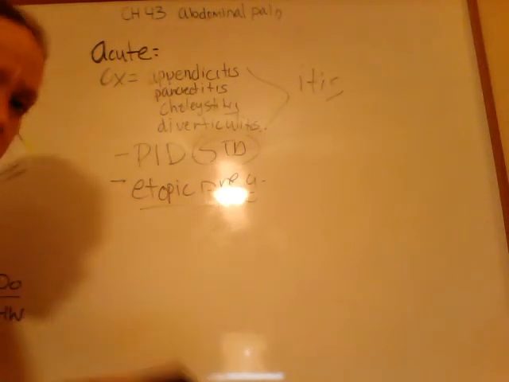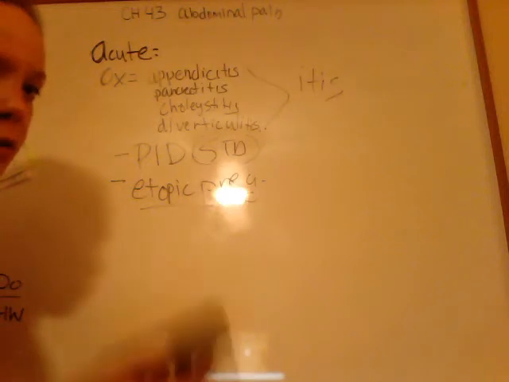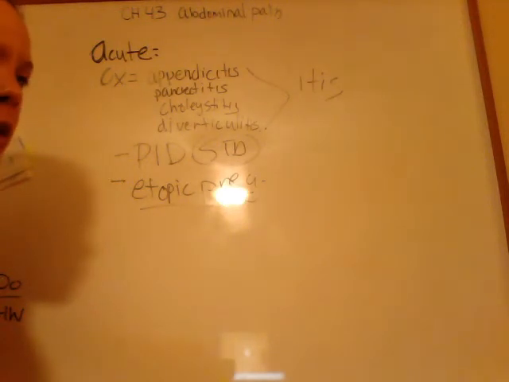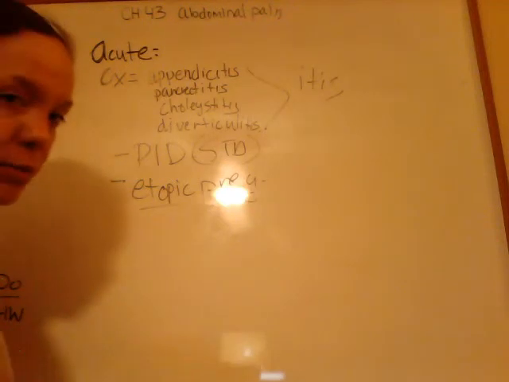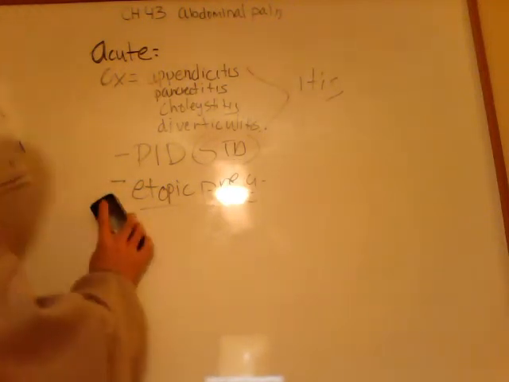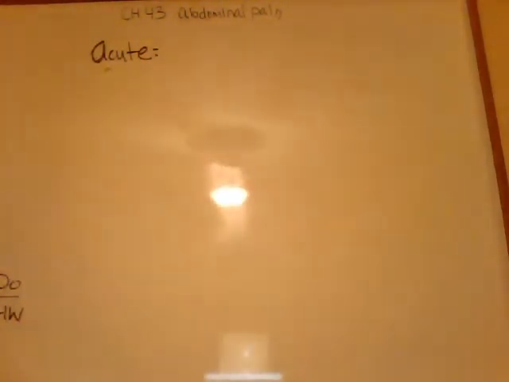And with any of your GI issues, you're going to want to watch I&Os, you're going to want to watch vitals, and you're going to want to watch your fluids, and 99.999% of the time keep somebody NPO. Alright, so that's just as general. I mean, that's kind of any GI, at least until you figure it out.